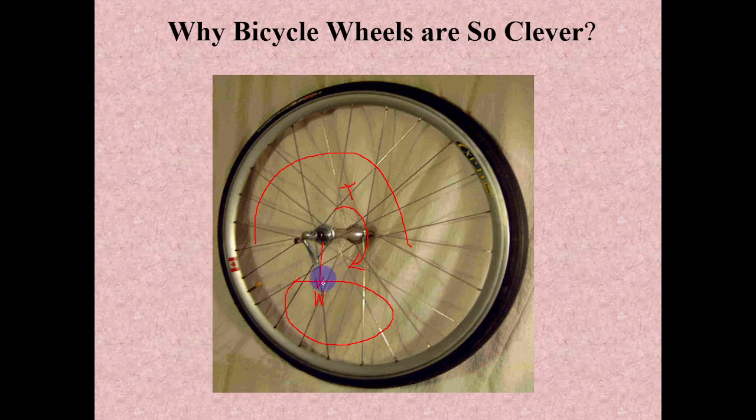So all these spokes are already in high tension. When we apply some load here, this load will not create any compression in these spokes. Instead, since all these spokes are already in high tension, it will try to reduce the tension in the spokes.